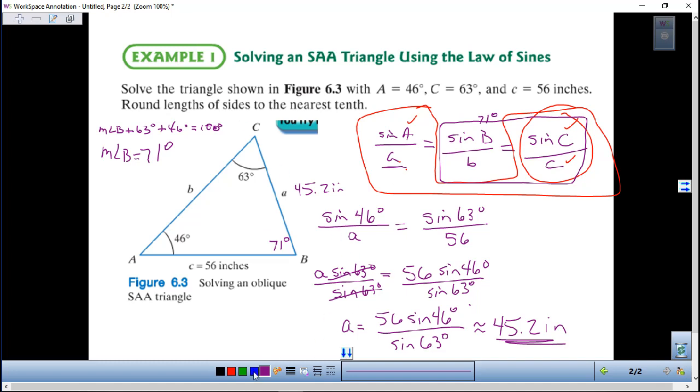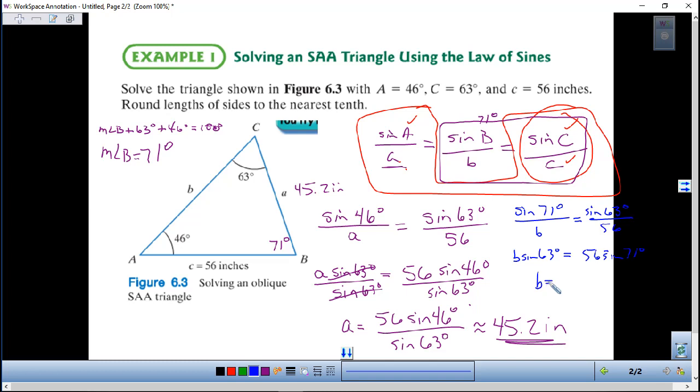All right, so let's go ahead and set that up. So we're going to do sine B over B, and I'm going to change colors so they don't get quite as mixed up here. So you're going to have the sine of 71 degrees over side B is equal to the sine of 63 degrees over 56. Once again, I'm just going to cross multiply. So you get B times the sine of 63 is equal to 56 times the sine of 71.